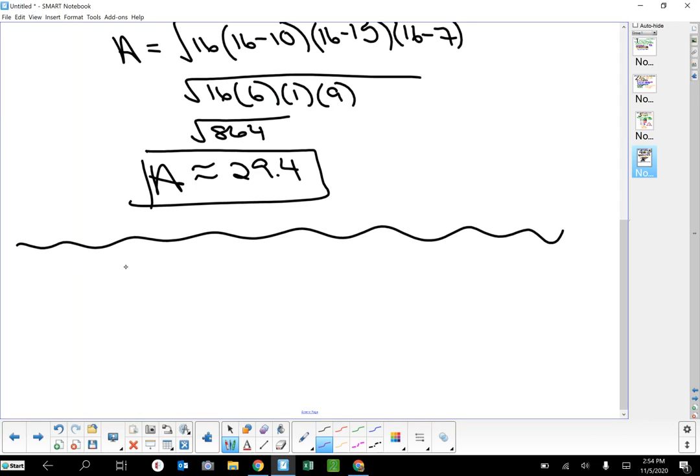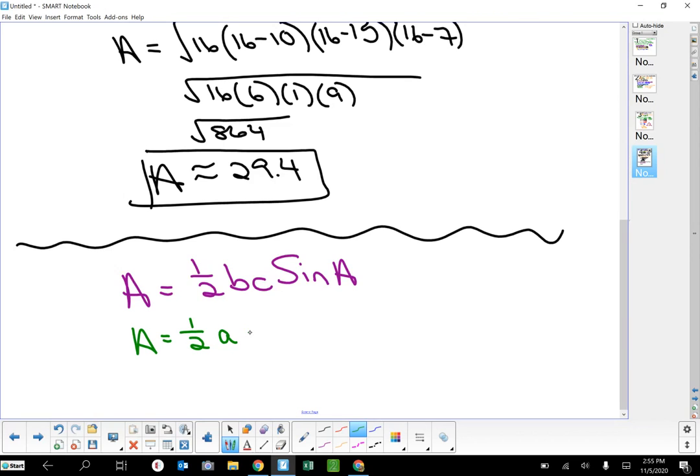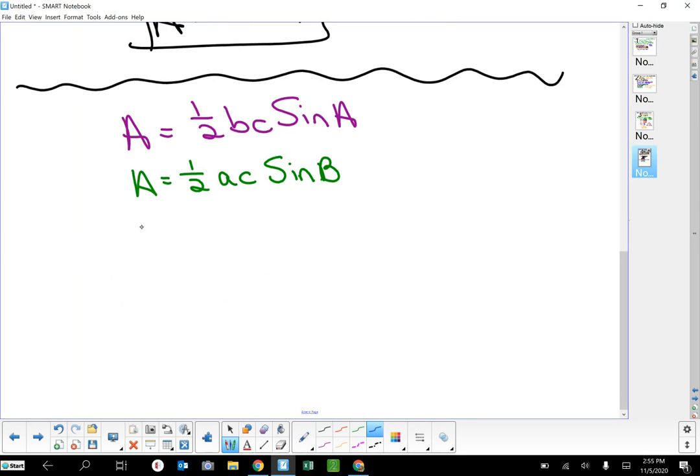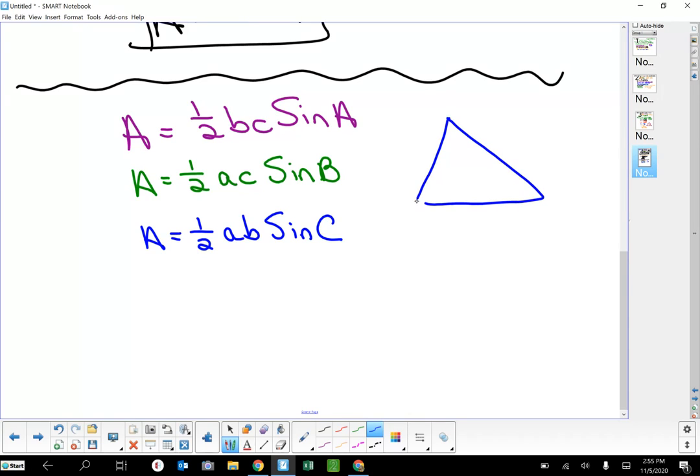Area equals 1/2 BC sine of A, or area equals 1/2 AC sine of B, or area equals 1/2 AB sine of C. And so this one can be used basically with two sides and an included angle is what's going to happen.